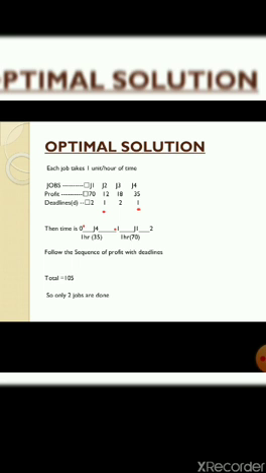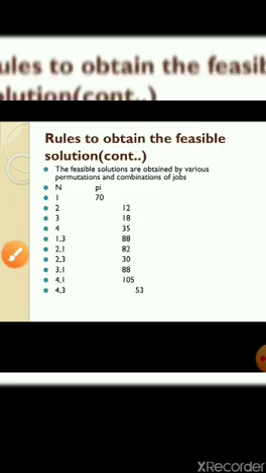In the previous slide, the example sequence 3 2 is not considered as D3 is greater than D2.